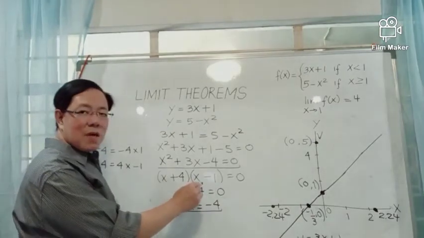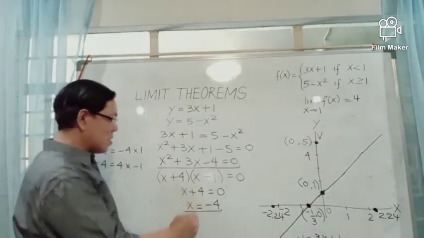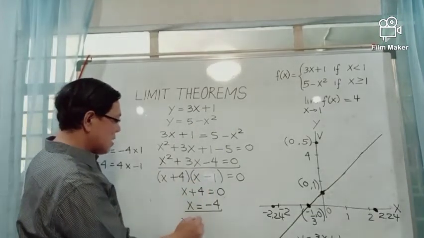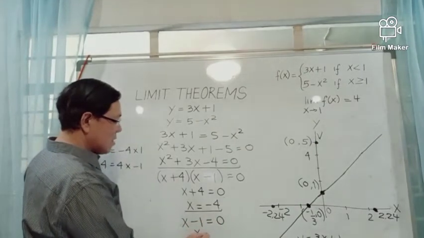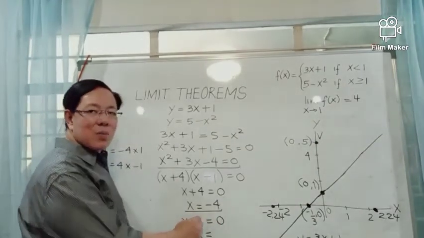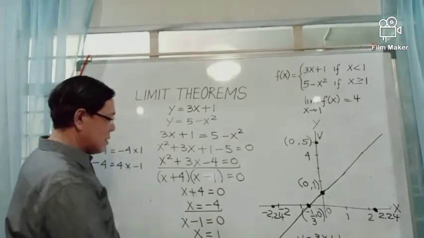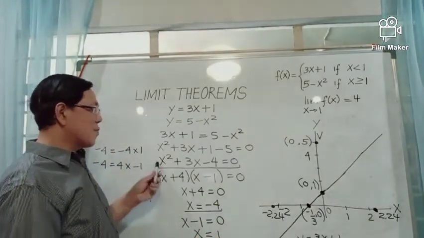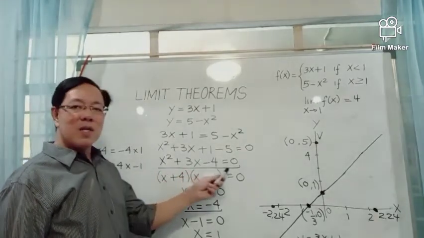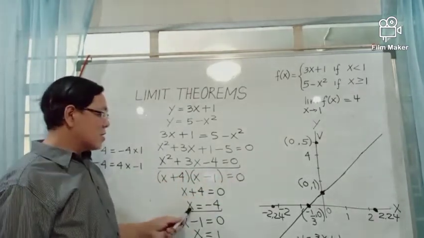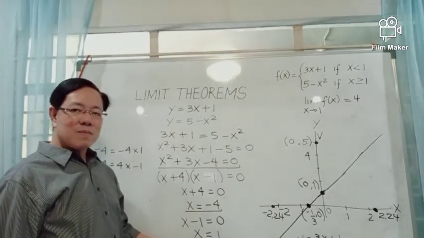We do the same for the second factor, x minus 1 equals 0, and you get x equals, transpose negative 1 to the right, positive 1. So the roots of this quadratic equation, x squared plus 3x minus 4 equals 0, are x equals negative 4 and x equals positive 1.